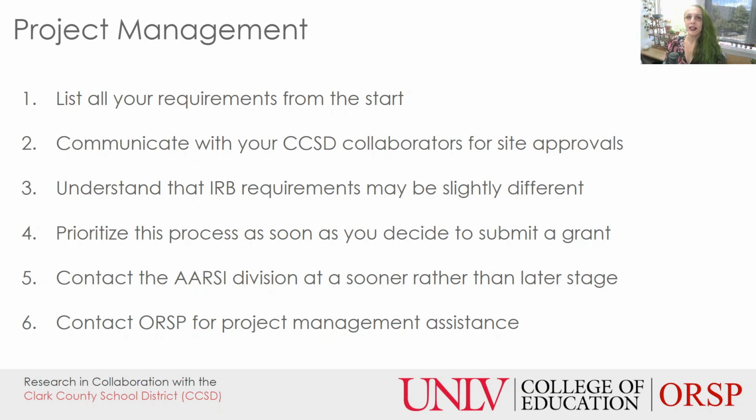Then understand CCSD peculiarities, like, for example, differentiated IRB requirements. Just understand that those may be in place, and instead of trying to convince CCSD that in other institutions things were done differently, just try to understand what CCSD requires and just comply with that and deliver what they need. That will be a lot faster for the process as well.